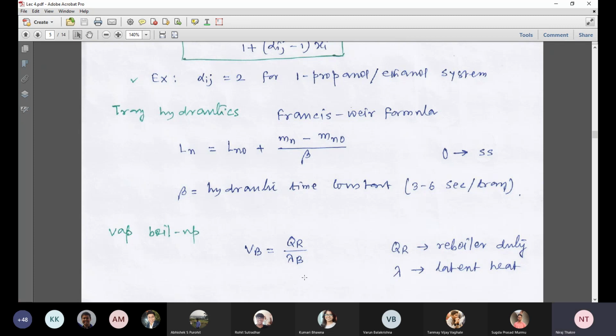You have started, you are in the correct direction. Move forward. Is there any equation for latent heat of vaporization? I hope you have started this in your process calculation course.